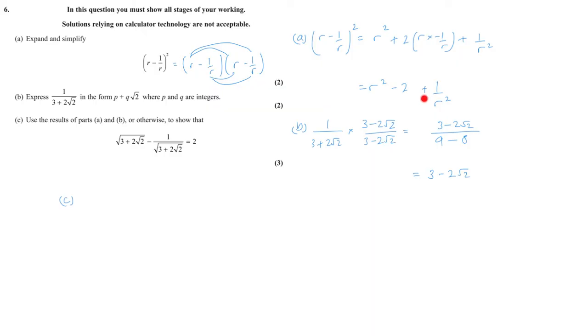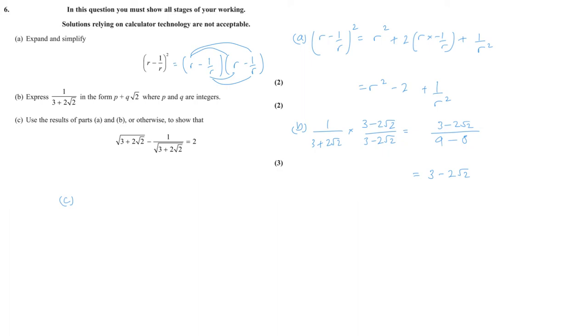In this case, we've got plus this equals 2. But the 1 over the minus is in here, isn't it? r minus 1 over r. So that's going to link to that. If this is r, then r squared is just the 3 plus 2 root 2, which will come out there. So that's what we want to look at.